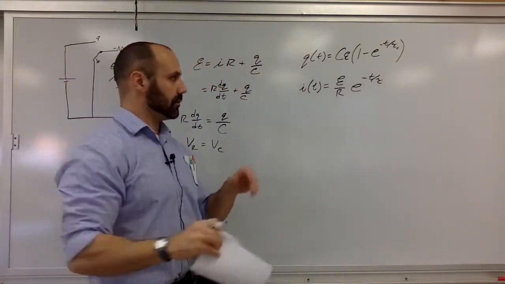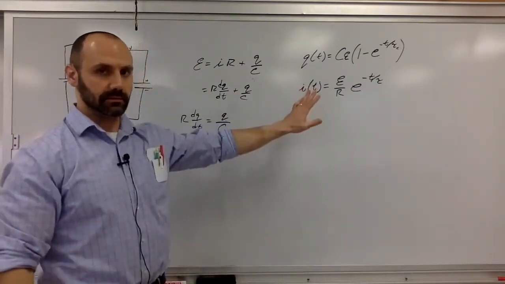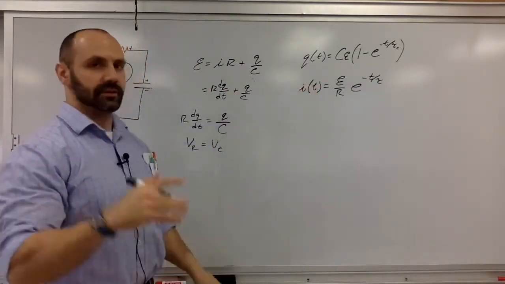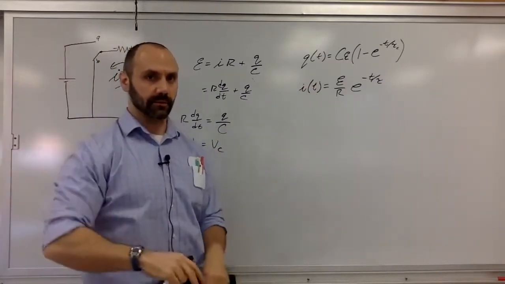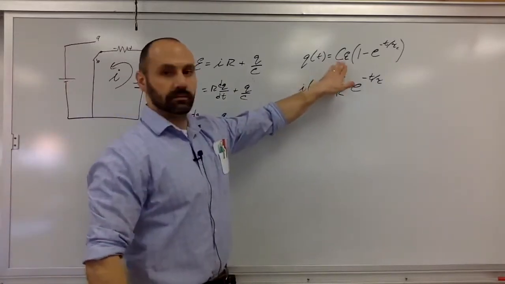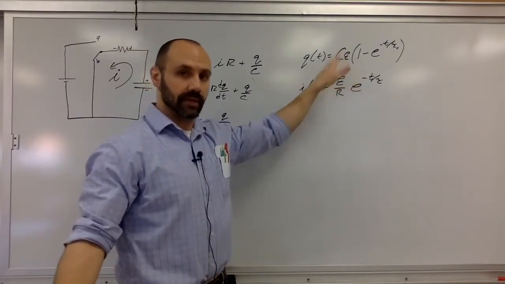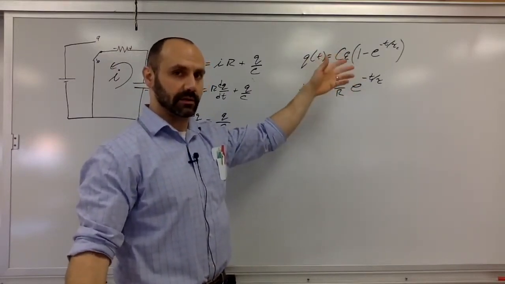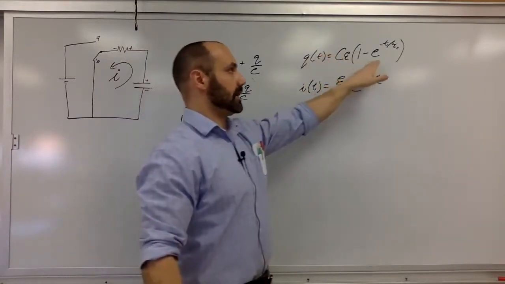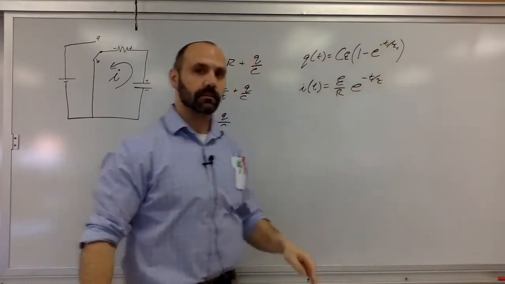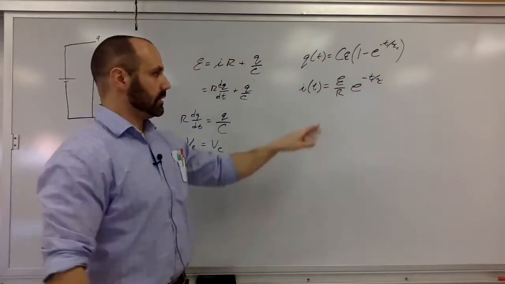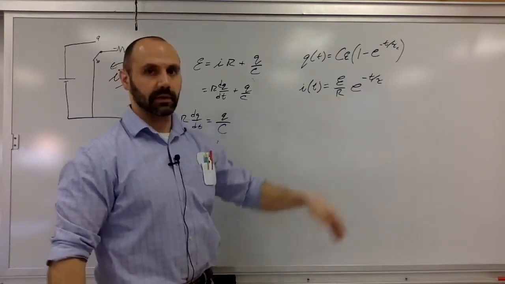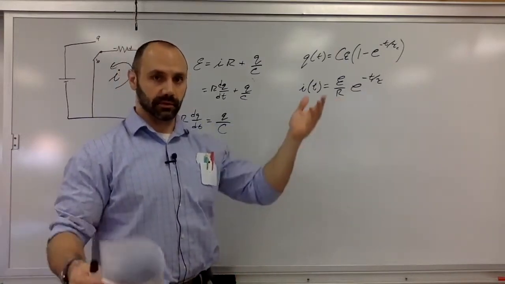The format for all of these equations is really the same. If it's increasing and reaching an asymptote, you put in front what that asymptote is: Q max, V max, the EMF of the battery, something like that, times 1 minus e to the negative t over tau. If it's something that's decreasing, then the coefficient in front is just the starting point.